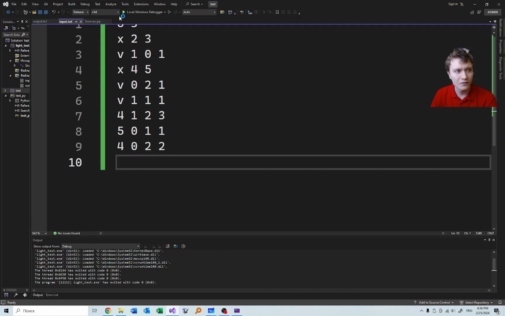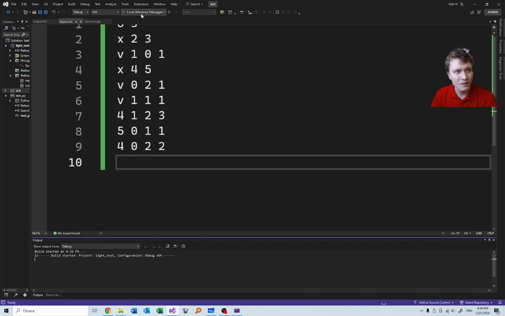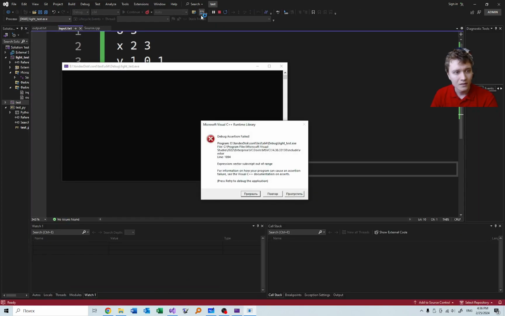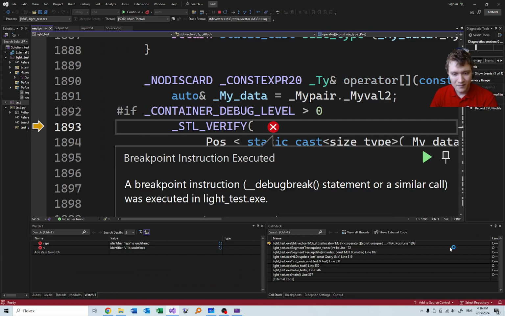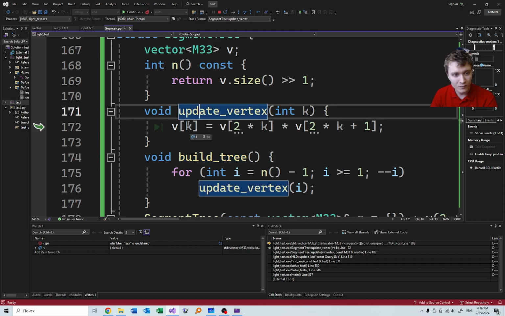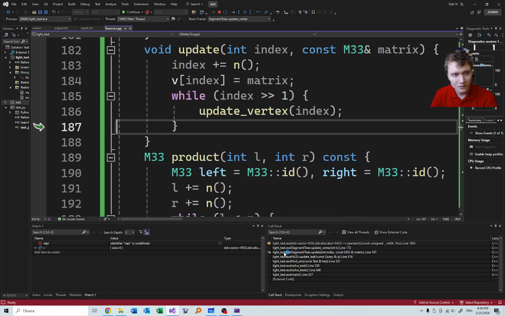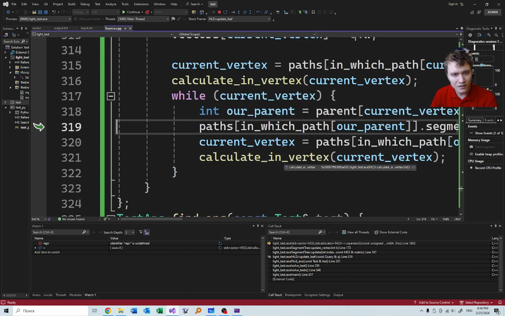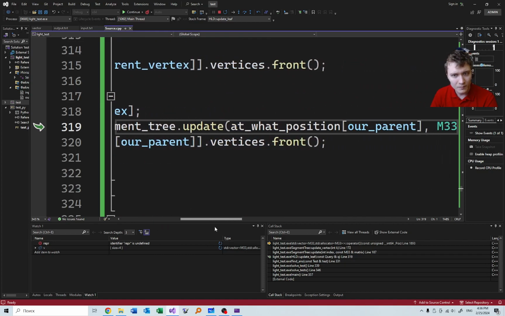I don't think it worked, because there might be something wrong. Okay, update vertex failed because v is of size 4, but we asked for update vertex of 3. Why did we do it? Because we asked for update in which path, at what position our parent?